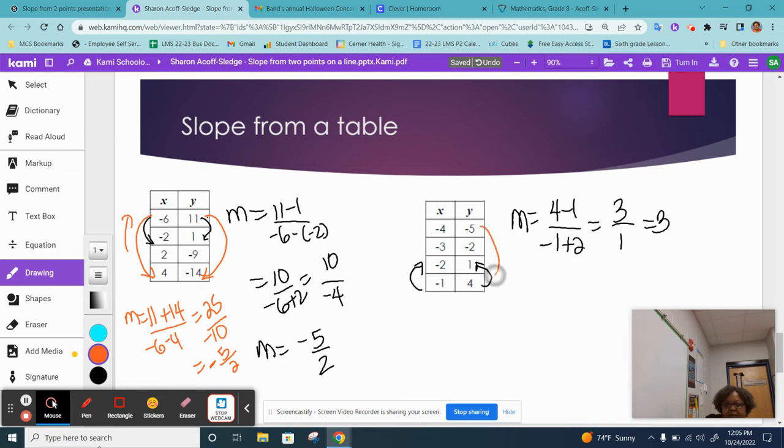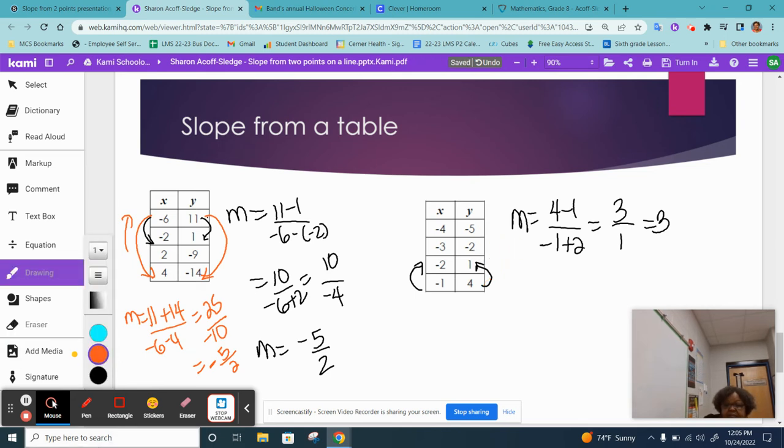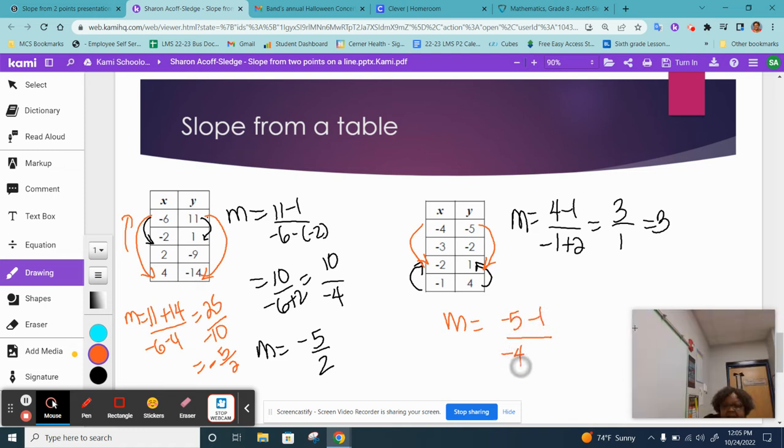Let me go from here to here. No, I don't want to go all the way down. So let me go from here to here. And I'm going in a different direction. I should get the same answer. So a negative 5 minus 1 over a negative 4 minus a negative 2.